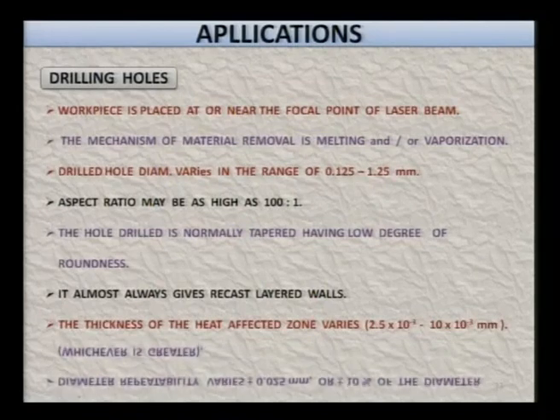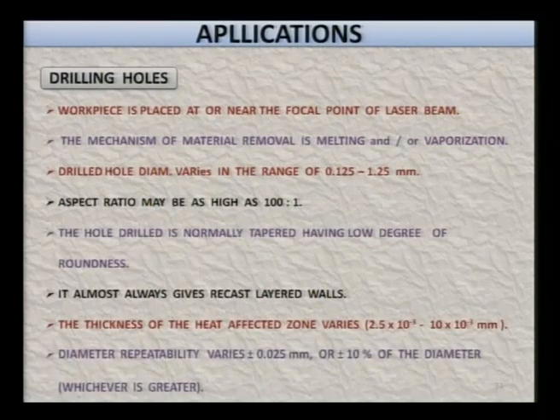And diameter repeatability by the laser beam machining process lies between plus minus 25 micron or plus minus 10% of the diameter, whichever is greater. Now, one thing, this variation is there. There are some other problems with the hole being drilled. I have already shown to you when I was discussing the long pulses and short pulses.